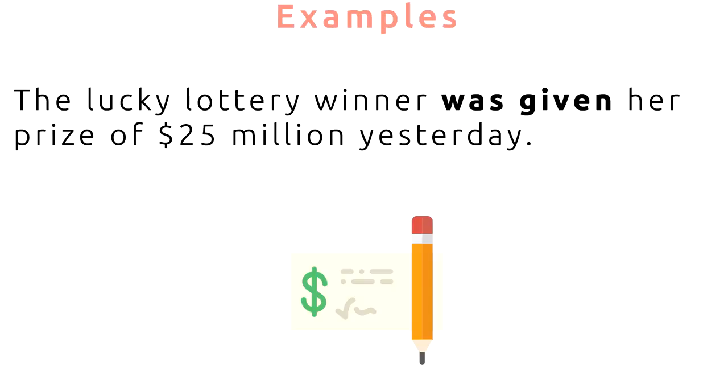Let's have a look at a few examples now. Here's the first one. The lucky lottery winner was given her prize of $25 million yesterday. The lucky lottery winner was given $25 million.